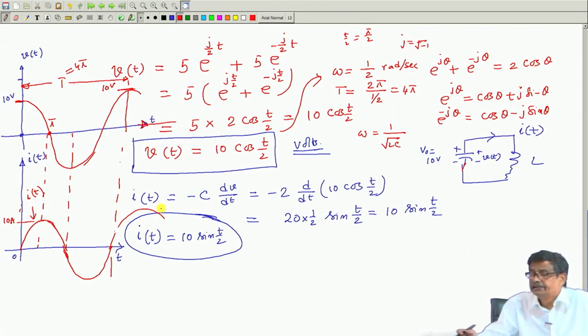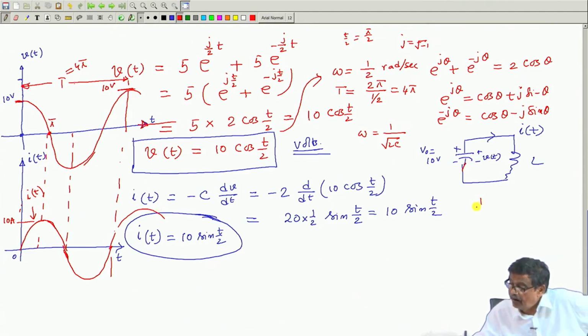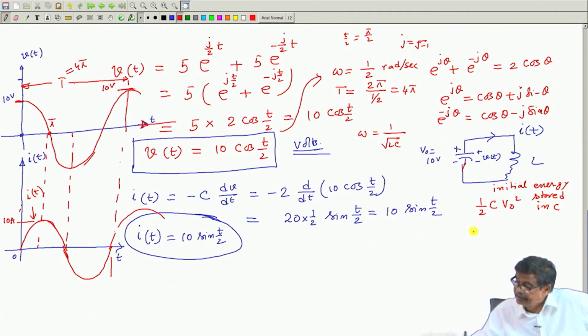So, you started this circuit with no external source connected. You had a capacitor where energy was stored. How much was the energy? Half C V naught square, initial energy stored in C. What was the initial energy stored in inductor? 0.